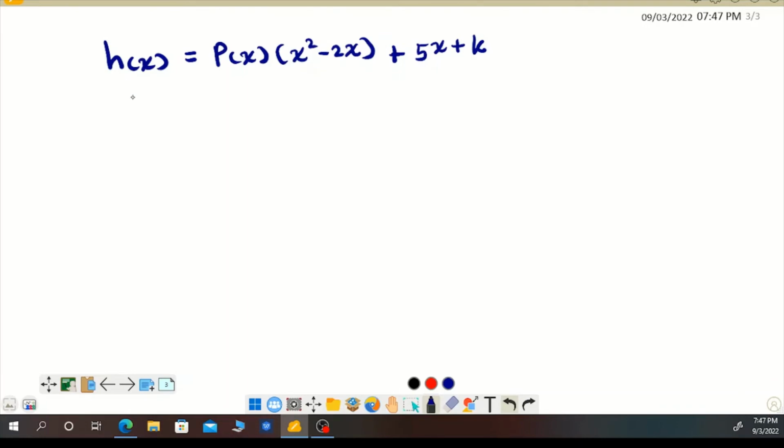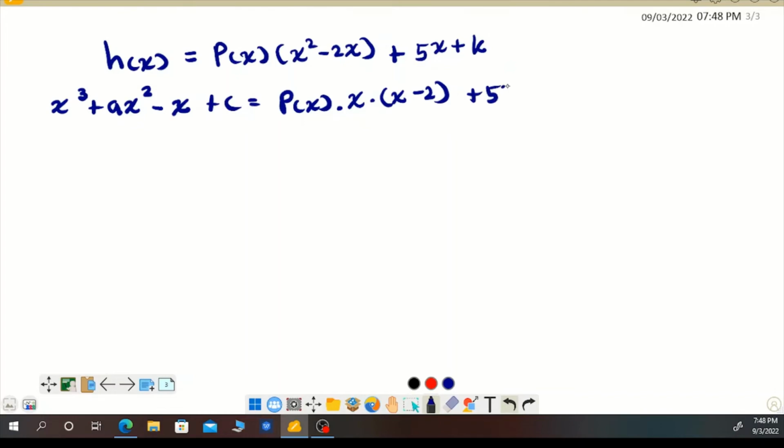I am going to substitute h(x): x cubed plus ax squared. I don't know the value for a, but I know the value for b, which is minus 1, so minus x plus c equals p(x). In the term x squared minus 2x, x is common to both terms, so I can take it out. Then I can write it as x times (x minus 2) plus 5x plus k.